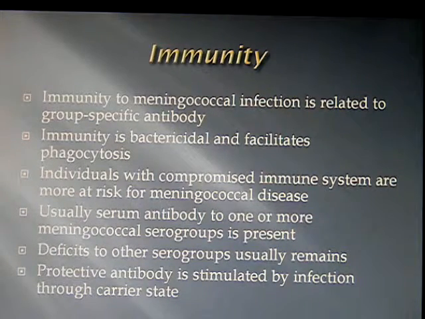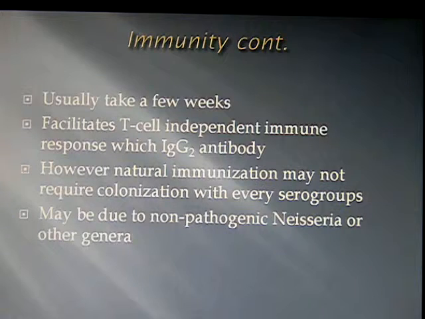Usually, a protective antibody is stimulated by infection through carrier states. It usually takes a few weeks to obtain immunity. It's a T-cell independent immune response, and the primary antibody associated with immunity is the IgG2 antibody.